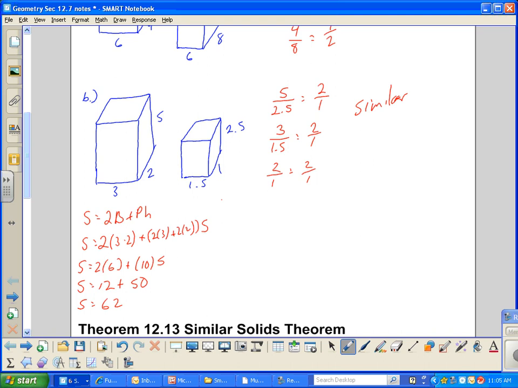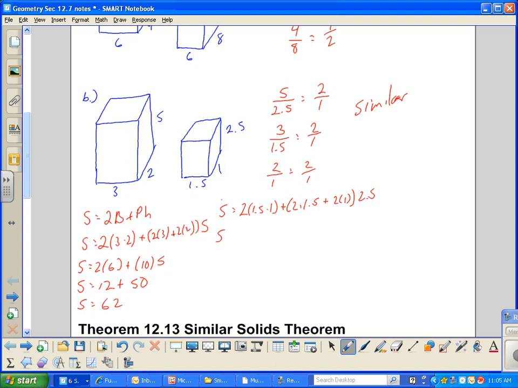And for the other one, surface area is going to be 2 times 1.5 times 1 plus 2 times 1.5 plus 2 times 1 times the height of 2.5.